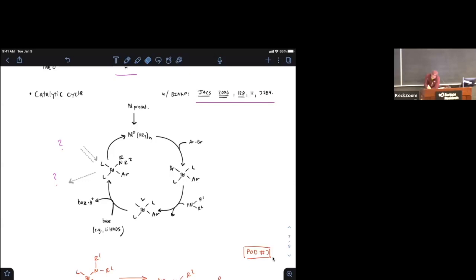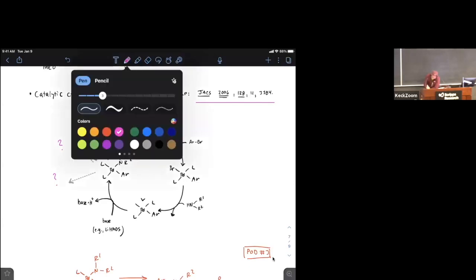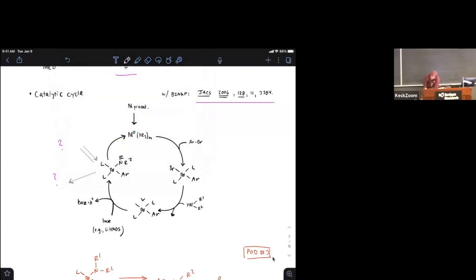So I think that you got it there. So in that case, if you're telling me that it's going to coordinate as the L-type ligand, then if it displaces an X-type ligand, it will form a cationic species, which can happen, but we generally try to avoid that.